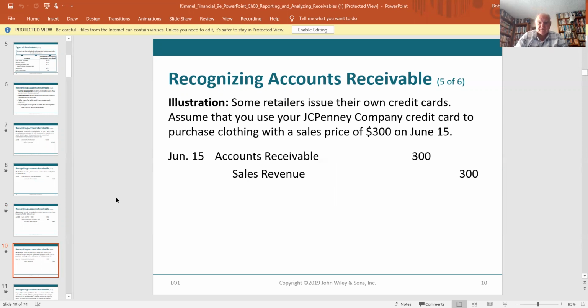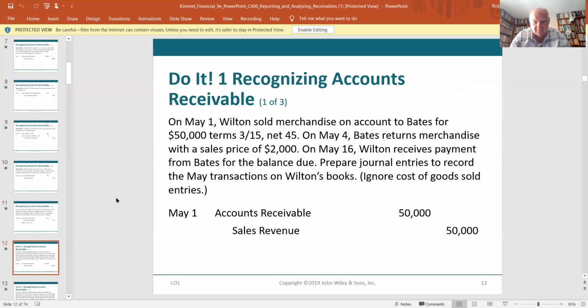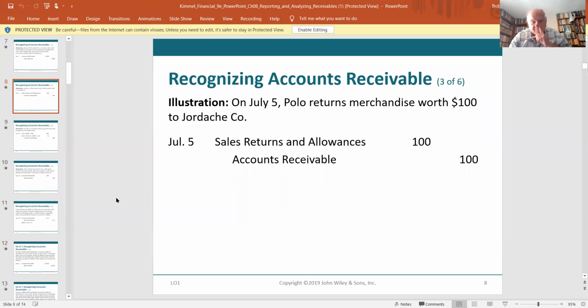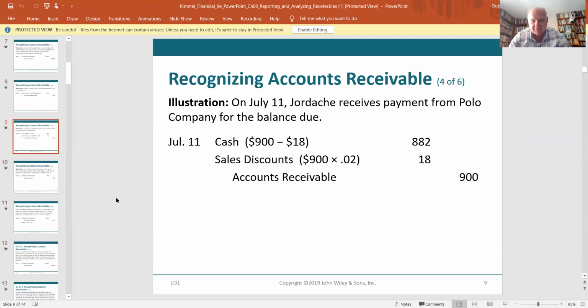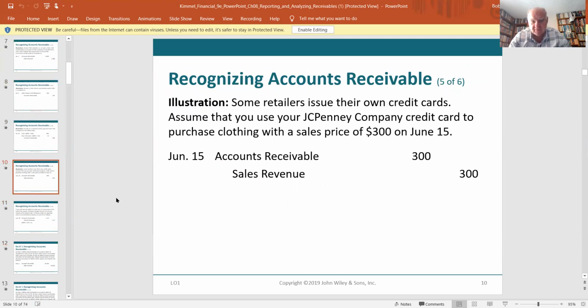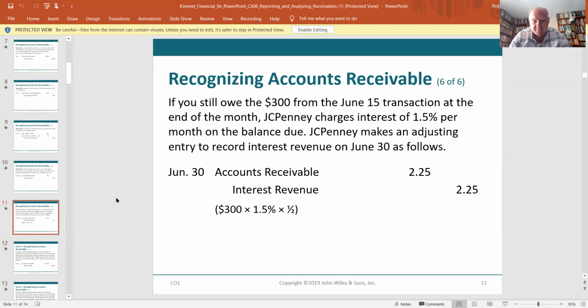Some retailers issue their own credit cards. Assume that you own your own JCPenney card to purchase clothing. Credit cards are cash as far as I'm concerned. That should really be a debit to cash or credit to sales revenue, but that's okay.